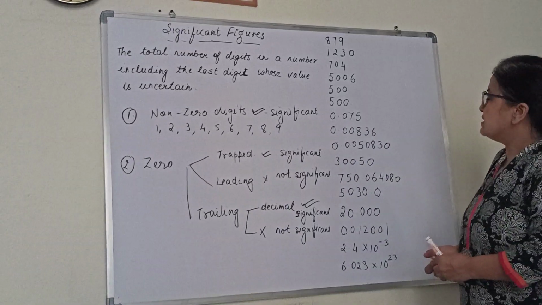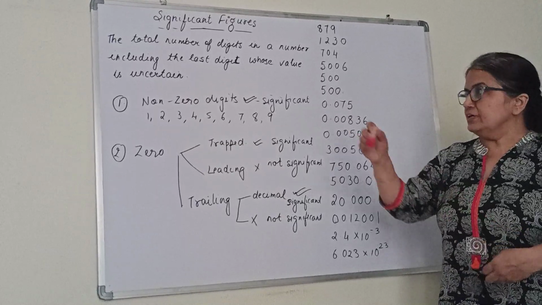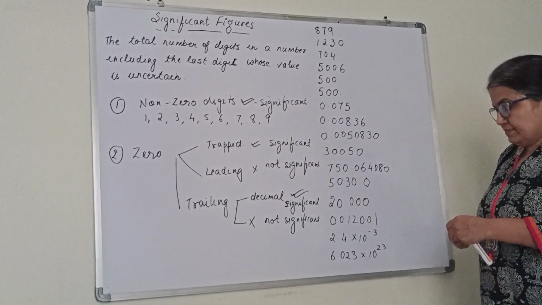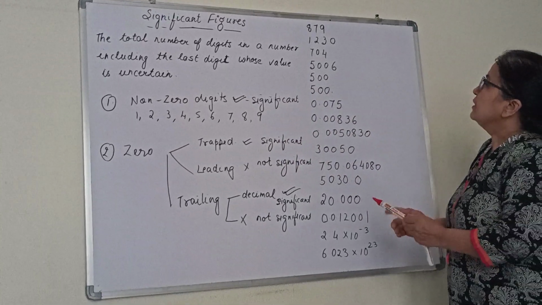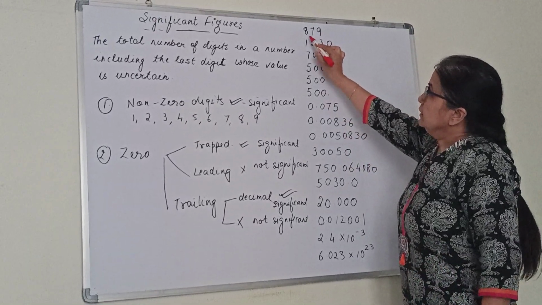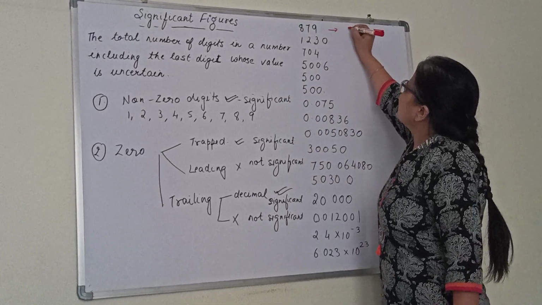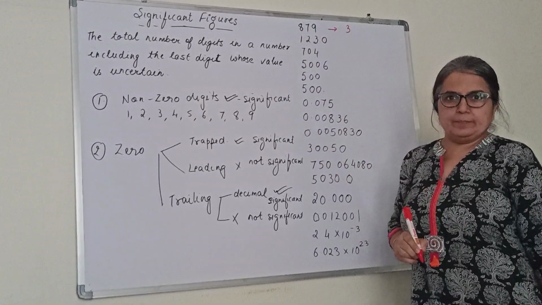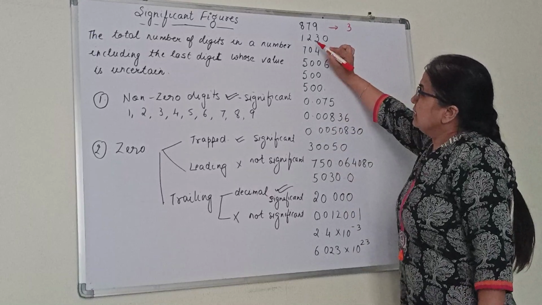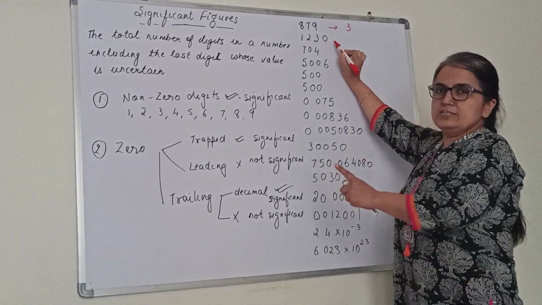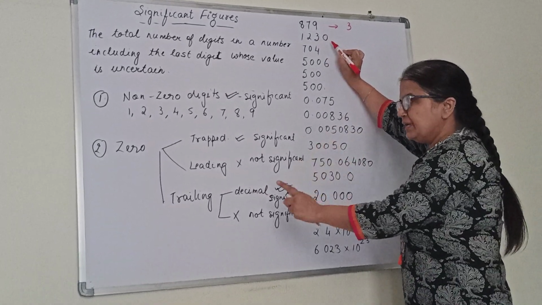Let us take some examples and see whether we are able to apply these rules. Now, these are 3 non-zero digits coming under the first category. This has 3 significant figures, right? Second example, there is a trailing 0. Trailing 0 of what category?